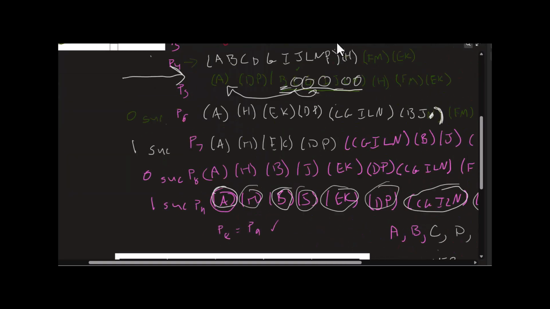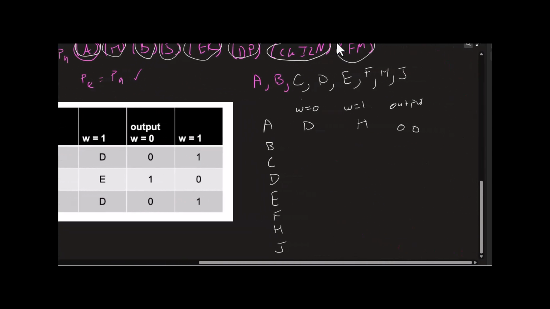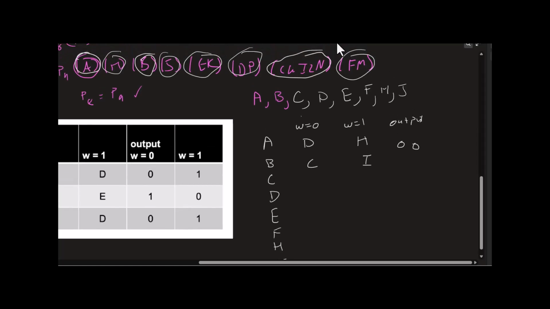B went to C and I. Okay, so C is fine, because that's one of my new states. I can't use I, though, because that's not one of my states. So I go back and I see which group I was in. I is in group C. And so that becomes C, and my output was 0, 0.